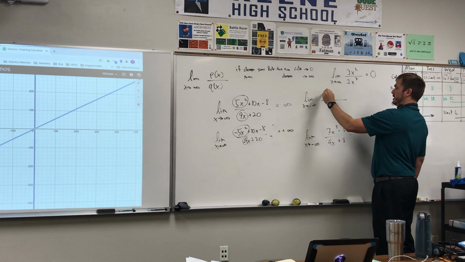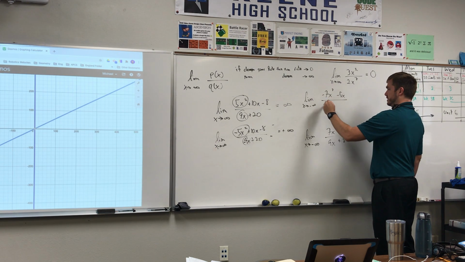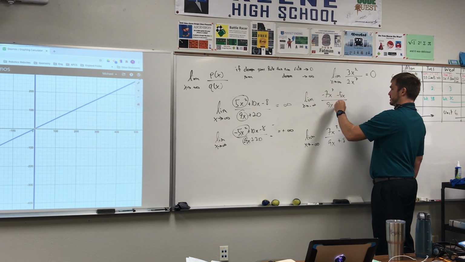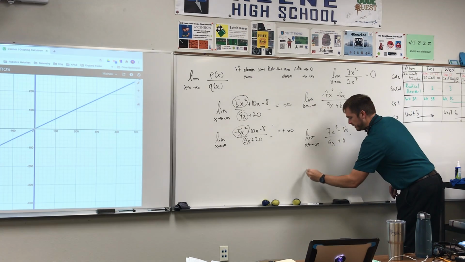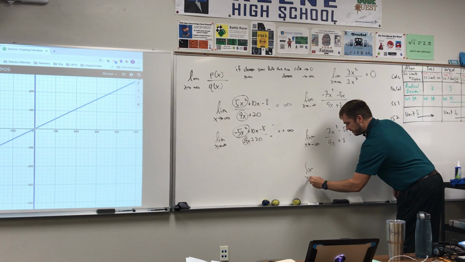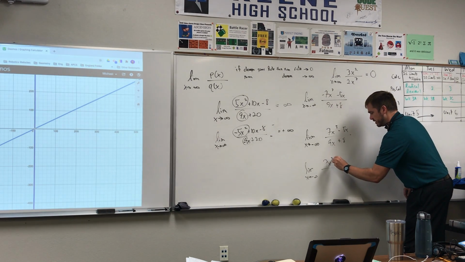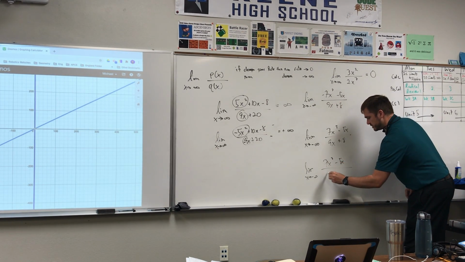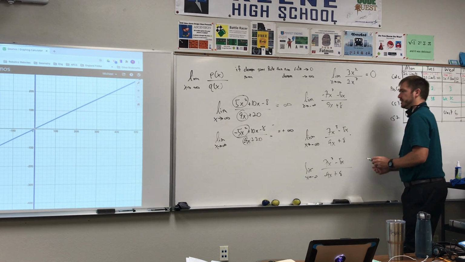So negative 7x cubed minus 5x over 9x plus 8. So a negative up there, everything's positive, and then the limit as x approaches negative infinity of 7x cubed minus 5x over negative 9x plus 8.